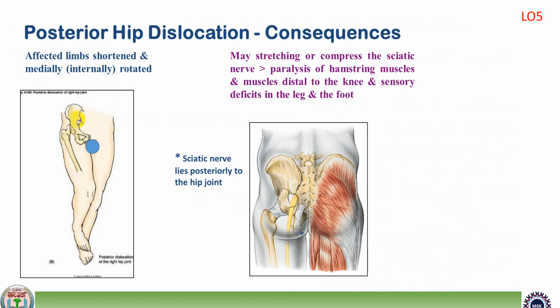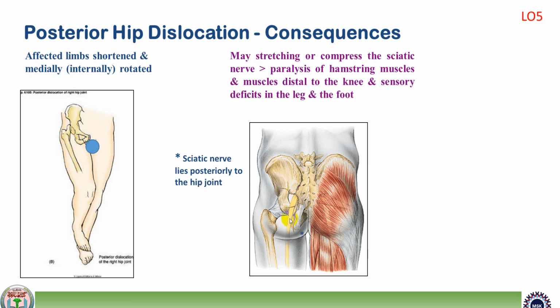Clinically, the limb, as you see here, is flexed, adducted, internally rotated and shortened. These are the four characteristic signs of posterior hip dislocation.